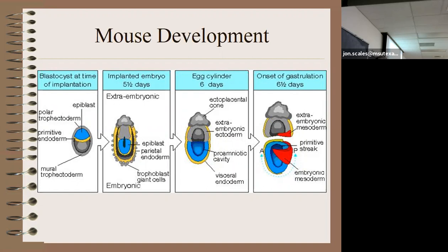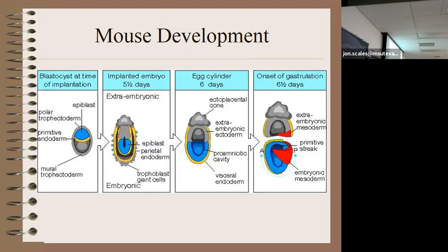So that part works just the same, except instead of it happening like in the chicken, where you had these cells move into here, let's look at it as if we were looking at our cup, not from the side, but from the top, okay? So it's open.